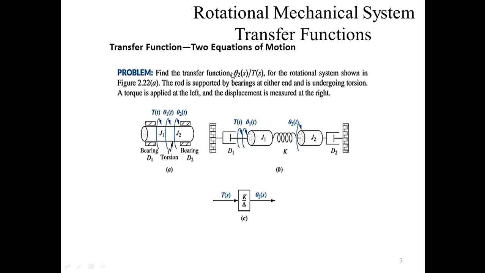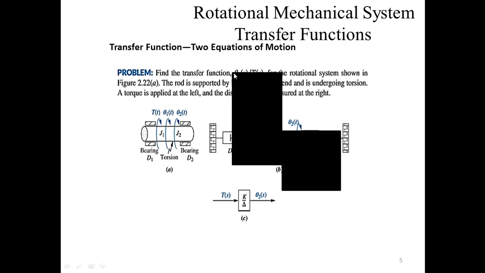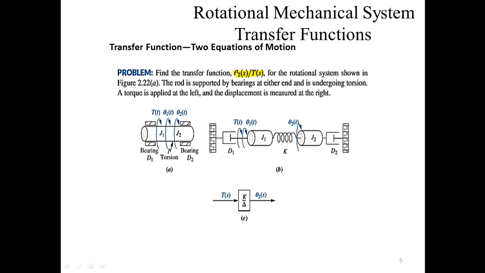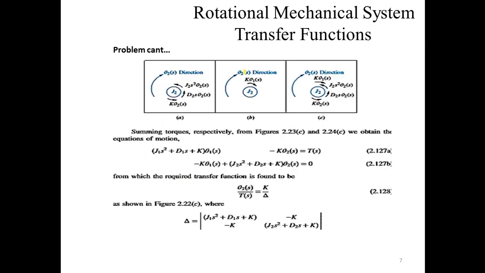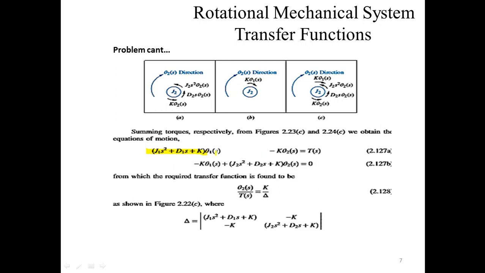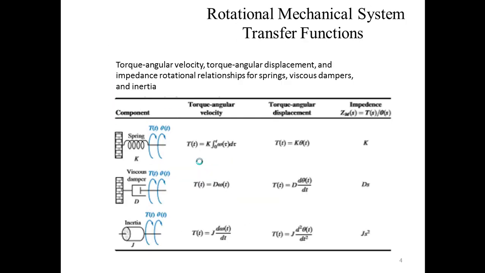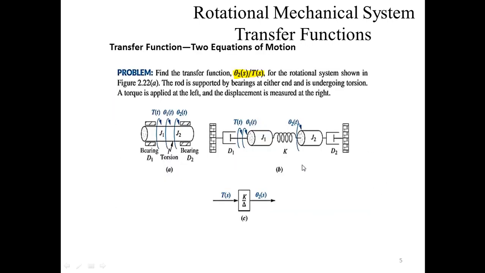We separated the different inertias J1 and J2, calculated the overall effect of both equations, and found the value of phi 2, then divided it by T of s.